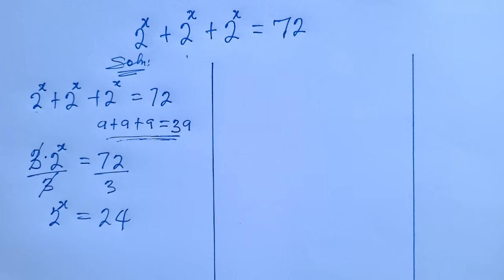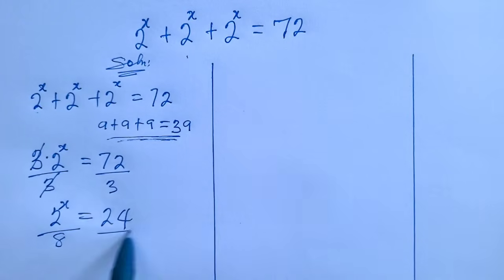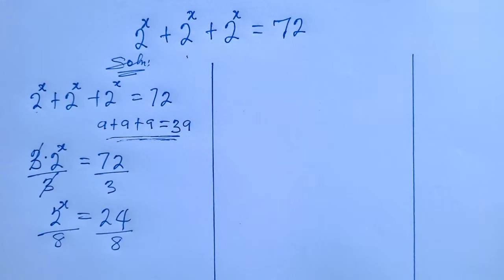Now, in this case, the next step to be considered, I'm going to divide both sides of the equation through by 8. I'll divide here by 8, I'll also divide here by 8. Now, I can also express 8 in base 2.